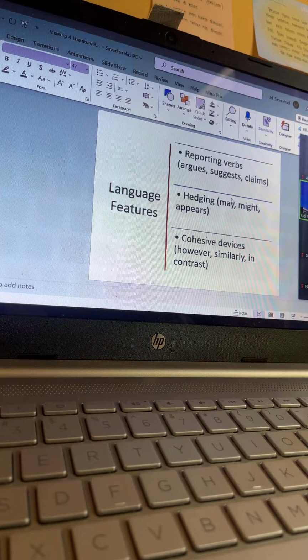Like however, similarly, in contrast, and so on. So cohesive devices are devices that are normally used and will always be used in any academic writing. So you will not be surprised when you are reading academic writing, you find the use of more cohesive devices in order to link one paragraph to another paragraph.